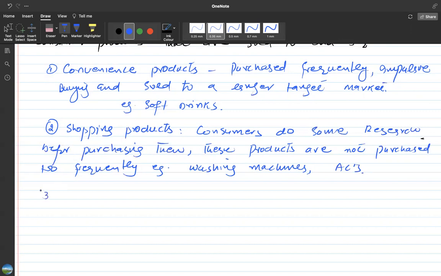Then we have specialty products. Specialty products are those products that are bought infrequently. They are often expensive and usually they have some brand loyalty with them.